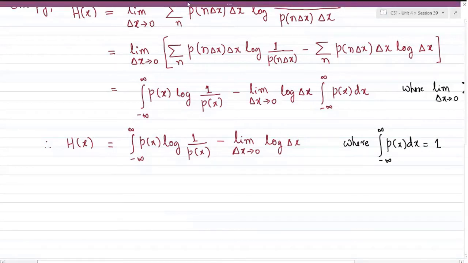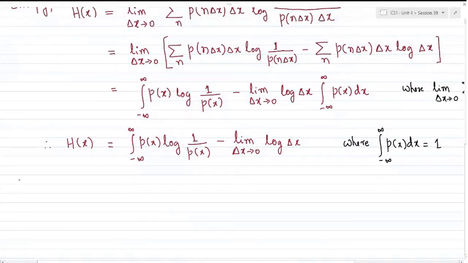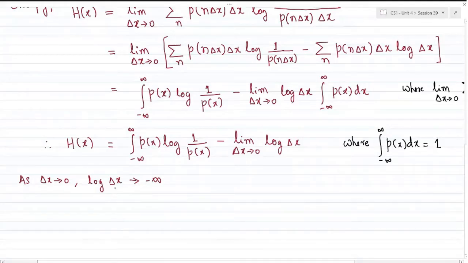Okay, so as we can see here, as delta x tends to 0, the log of delta x will tend to minus infinity, correct, because delta x is lesser than 1, so the logarithm of that value would definitely be negative. As delta x tends to 0, this would tend to minus infinity. When the log of delta x tends to minus infinity, this will convert into some finite quantity plus infinity.